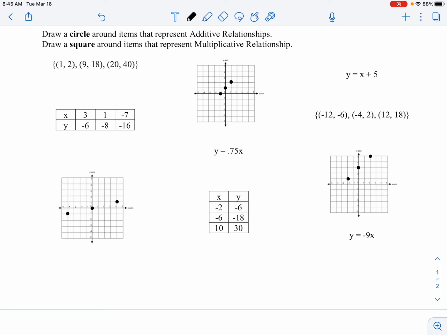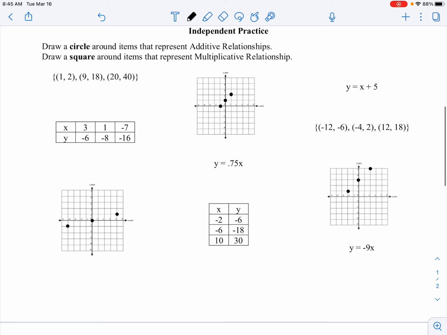So draw a circle around items that represent additive relationships, draw a square around items that represent multiplicative relationships. All right, so this is not the only part of your assignment, so there is another PDF on the assignment tab next, and there is an IXL to go with this, so pay attention that you're turning in everything where it needs to go.